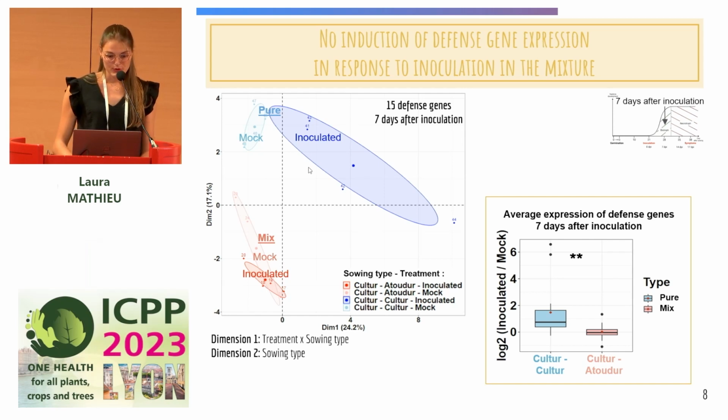For the pure, the inoculated and non-inoculated samples have different responses, but there is no difference for the mixture. Indeed, the inoculation does not induce the defense genes in the mixture Culture Atudur compared to the pure condition.